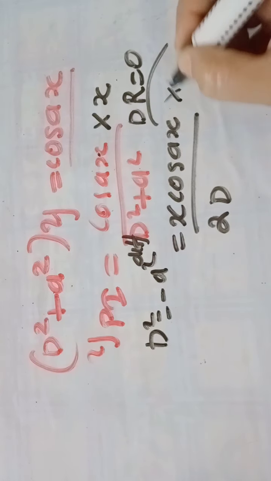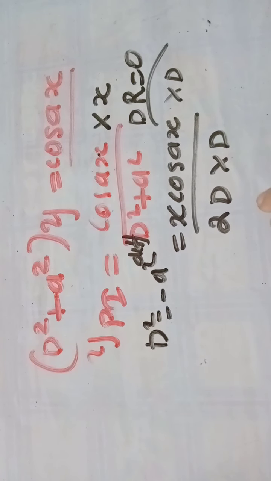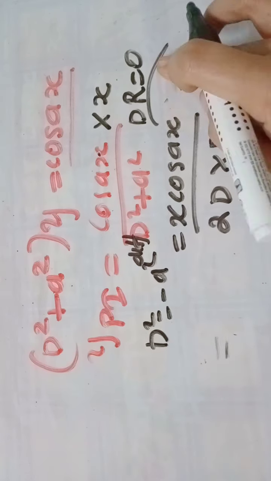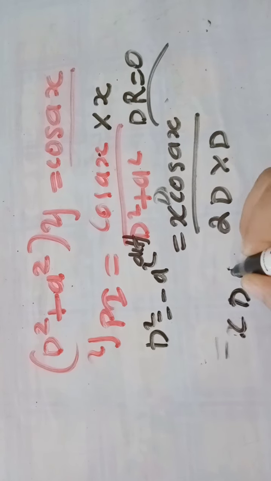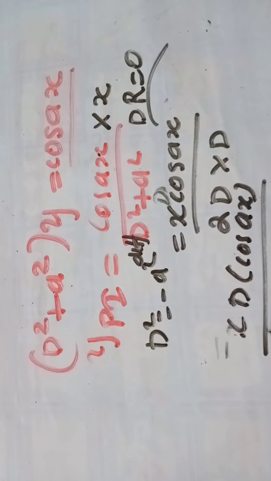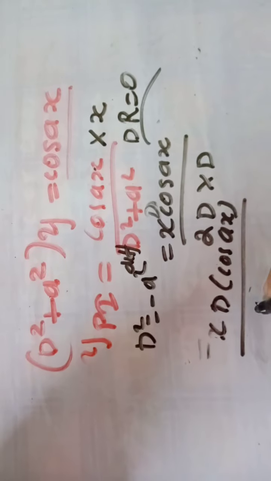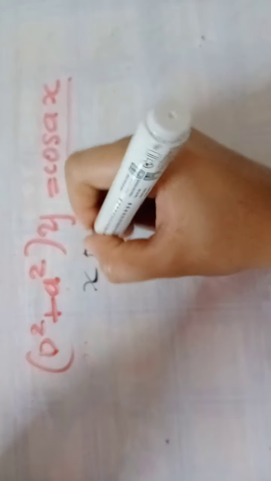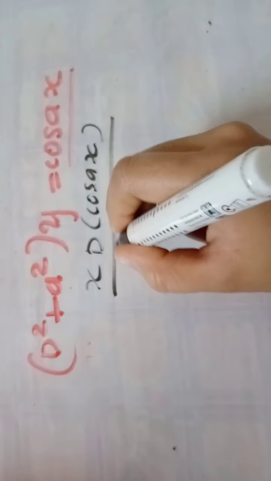Since we have to substitute D square as minus a square, we multiply the numerator and denominator with D, that is x D cos ax divided by 2D square.